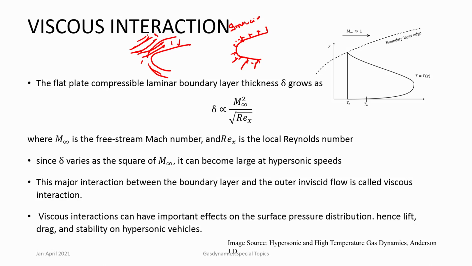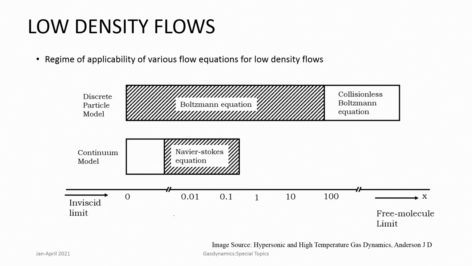So, this means that viscous effects on the boundary are affecting the inviscid flow also, and it affects the surface pressure distribution. Hence, calculating lift and drag has to be done very carefully. And usually these hypersonic flows occur at very high altitudes, as we have seen, like 50 kilometers, 60 kilometers.